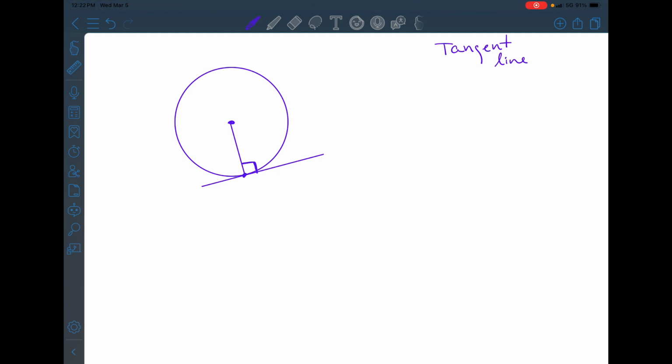So you could see if this would be a tangent line if we had a right triangle and we knew this was 5 and this whole thing was 8 and we said that this was 6. We could set up the Pythagorean theorem. 5 and 6 are my legs because they make the right angle.